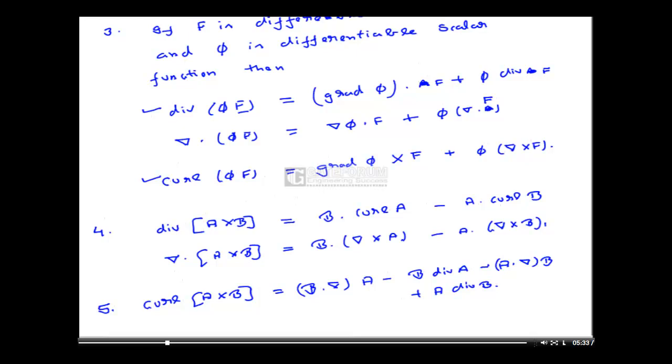In the exam, no derivation will be asked. Okay, so we should remember these vector identities.